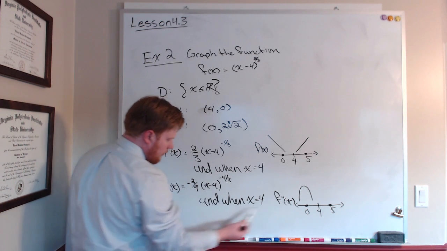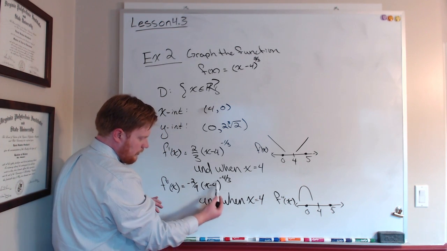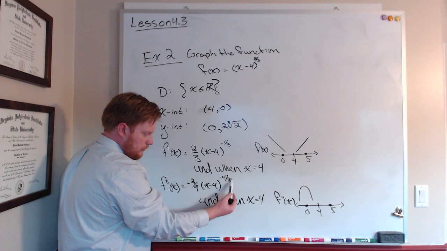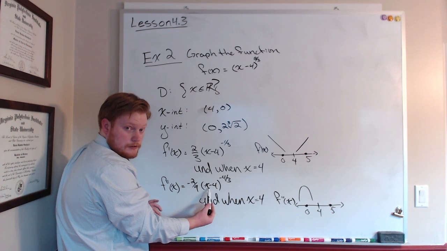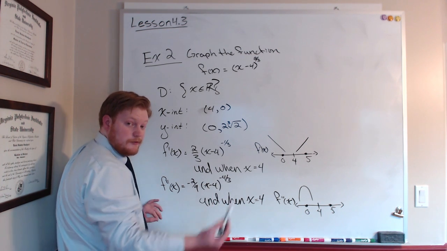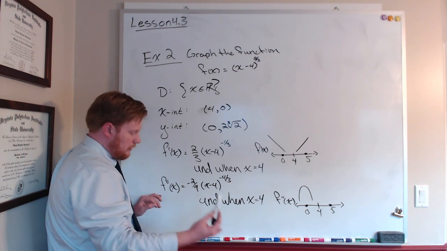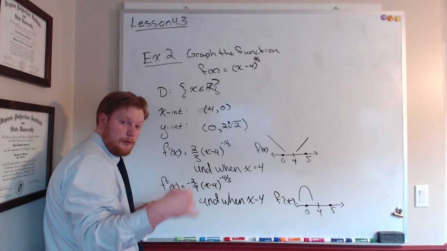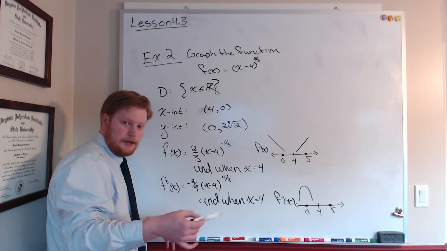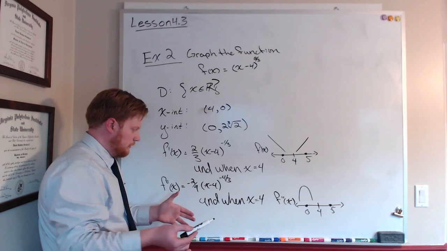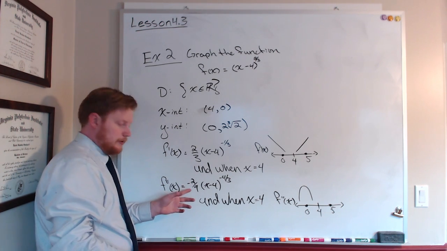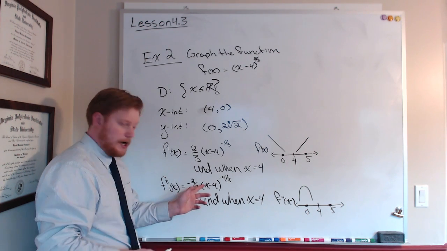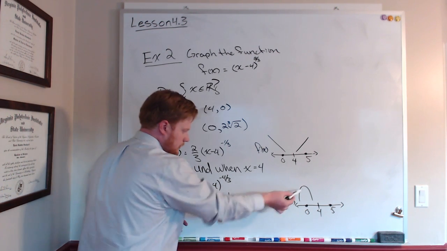When I plug in 0, I get negative 4 here. The cube root of negative 4 is a negative number. I'm not sure what it is, but it's negative. When I raise that to the power of 4, that negative becomes a positive number. And then I'm dividing negative 2/9 by that positive number, so I get a negative number, so it's concave down.